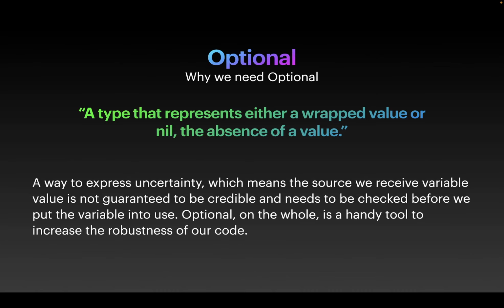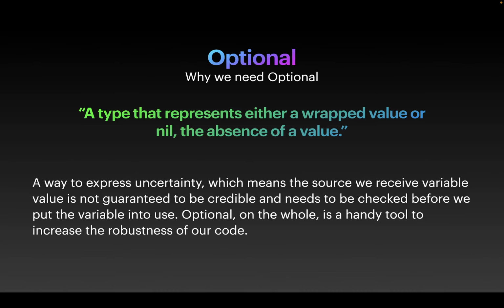With an optional, basically we have a way to express uncertainty. It means the source from which we receive the variable value is not guaranteed to be credible. Maybe in some cases the value we get is, in Python, called None. In C++, you may call this a null pointer. Sometimes we want to express a situation where the data doesn't actually exist.